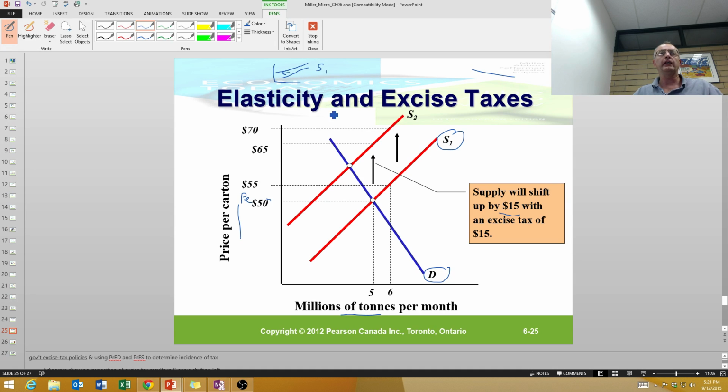Well, an excise tax increases the cost to sellers. Tobacco vendors have to pay this higher price to the government. So the supply curve shifts left. So now we have a new supply curve here.